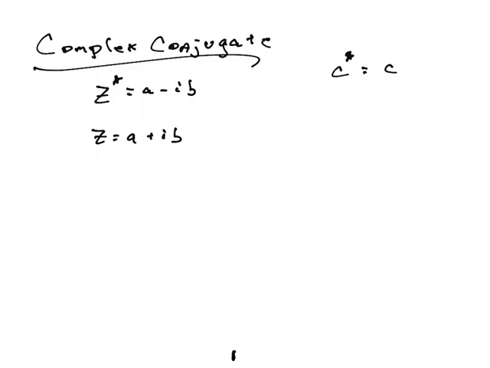Now, what's so great about it? Who cares? Why is this invented? Well, it turns out if we take z and we multiply it by the complex conjugate of itself, what does this become? Well, we have a plus ib, and we're going to multiply it by a minus ib.